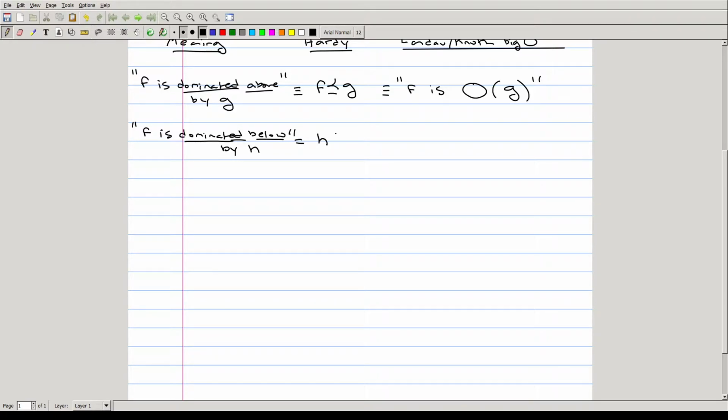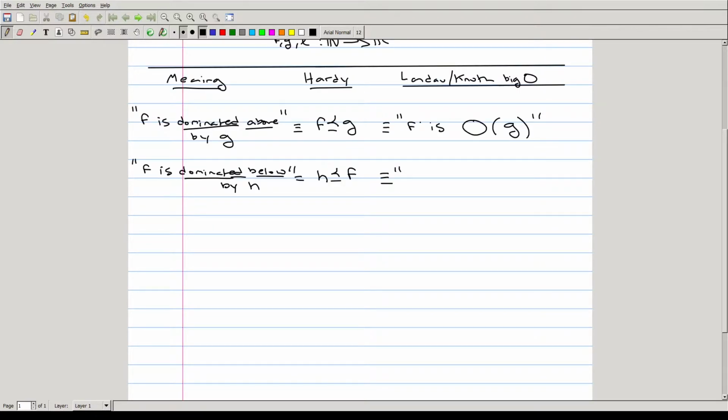This is a very nice expression. h is dominating f below, and very shortly we'll show that in Landau-Knuth big O notation, this is the same statement saying that f is big omega of h.